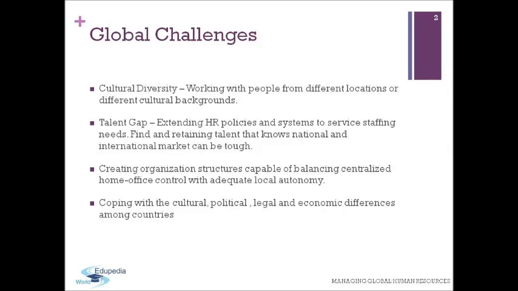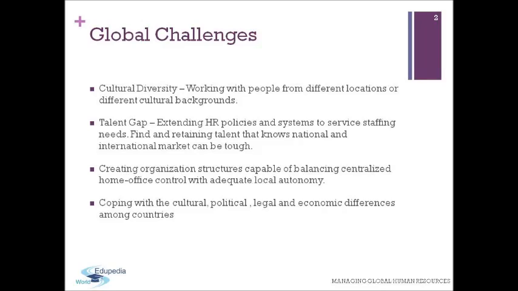Now, huge firms have long had extensive overseas operations. But with the globalization of the world economy, even small firms are discovering that success depends on marketing and managing overseas. Now, taking the company global triggers various management challenges, and the employers have to install all those management systems it needs to manage its overseas activities.